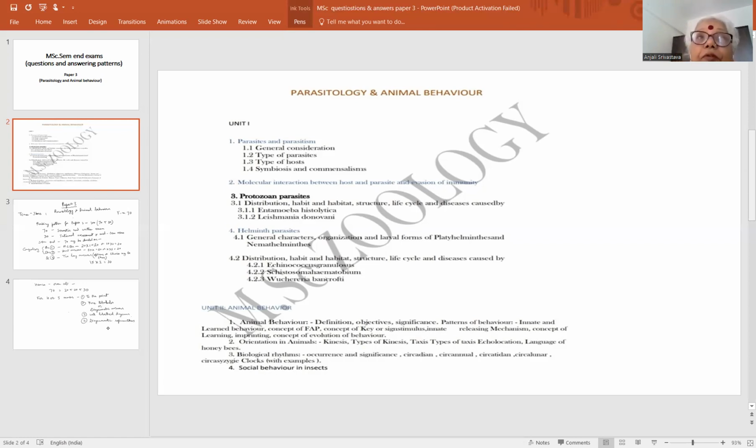Then if you are getting the question on the particular disease, then you have to write down about the symptoms, diagnosis, and treatment. That includes the pathogenicity. Then are the larval forms, as it is mentioned over here. In helminth parasite, there are larval forms of platyhelminths and nemathelminths.